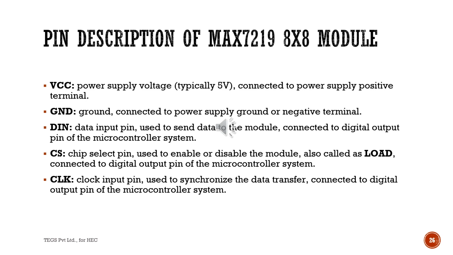CS, chip select pin, used to enable or disable the module, also called load, connected to the digital output pin of the microcontroller system. CLK, the clock input pin used to synchronize the data transfer, connected to the digital output pin of the microcontroller system.